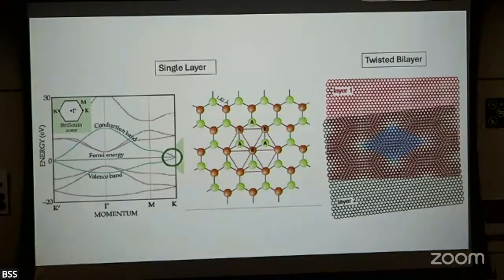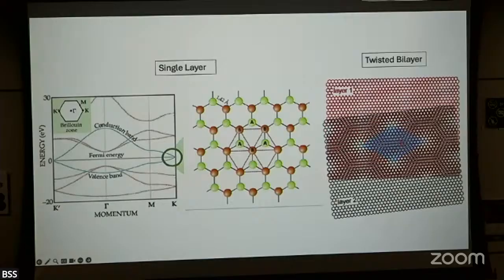The first two-dimensional material is graphene, a single layer of a graphite crystal, which forms a honeycomb lattice. I'm going to come back and remind you in just a moment about some basic properties of honeycomb lattices. If you take two graphene layers and lay them on top of each other and make these two-dimensional crystals very similar but slightly different from each other by twisting, then you get a moiré pattern, a periodic pattern.